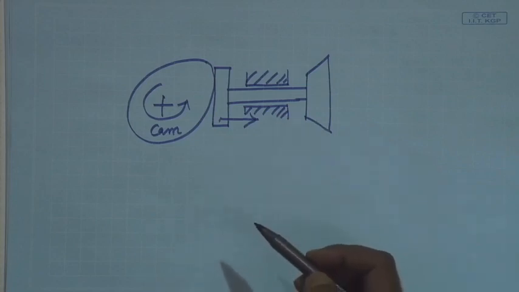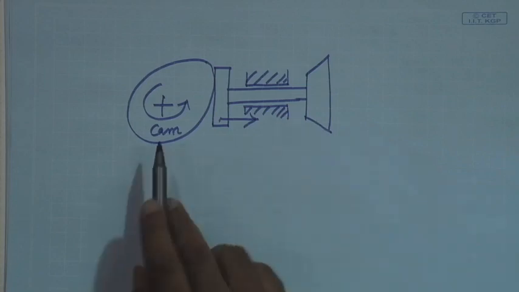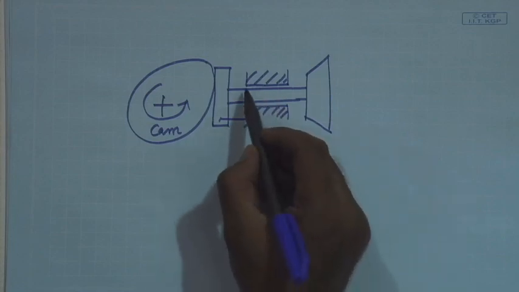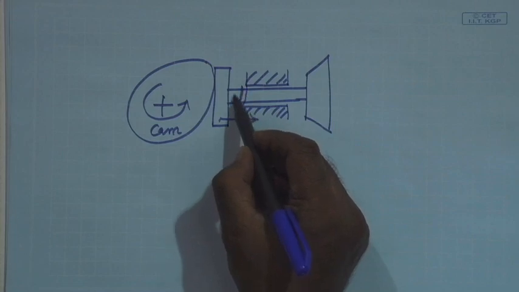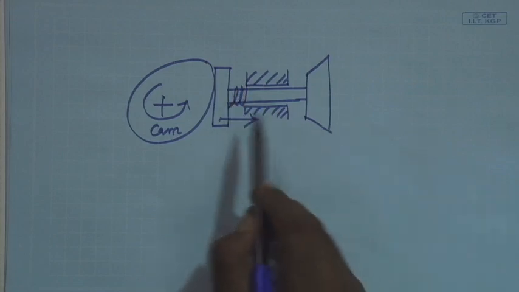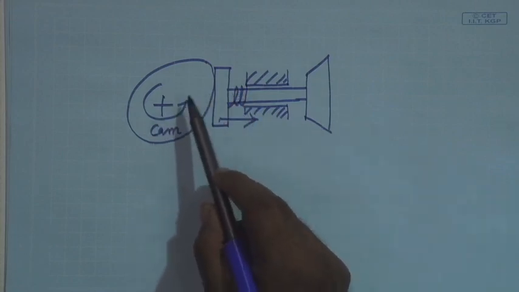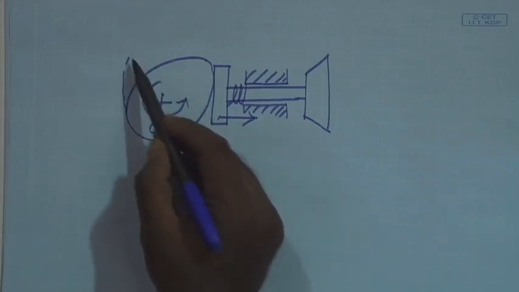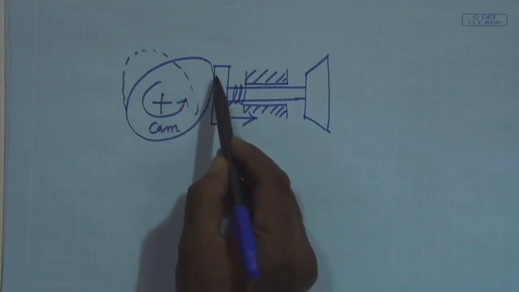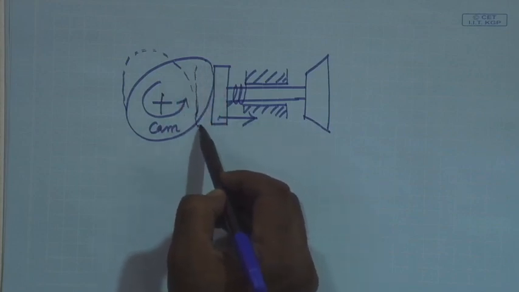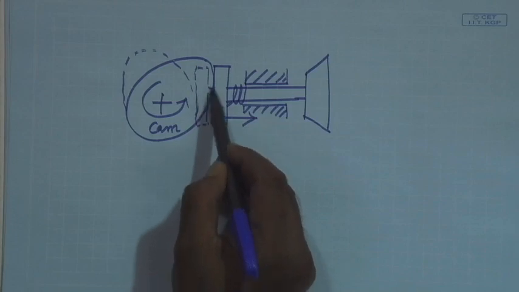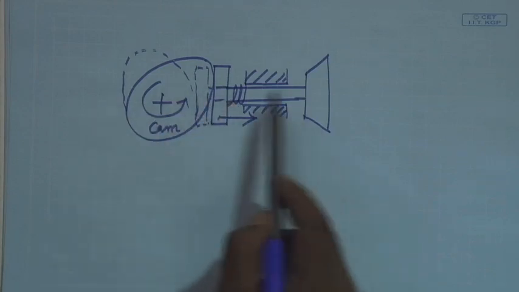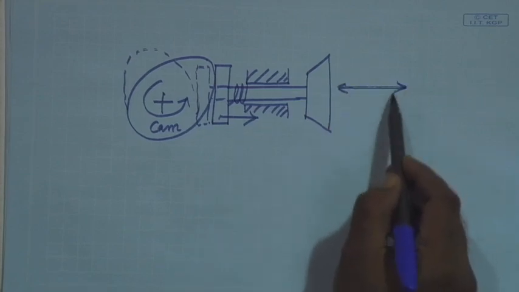If it is passing through guides, it is going to push it outwards, and if it is spring loaded, if there is a compression spring, this is going to come back when this rotates and takes up some position of this type. Like that. So, if this rotates continuously, this is going to execute reciprocation.